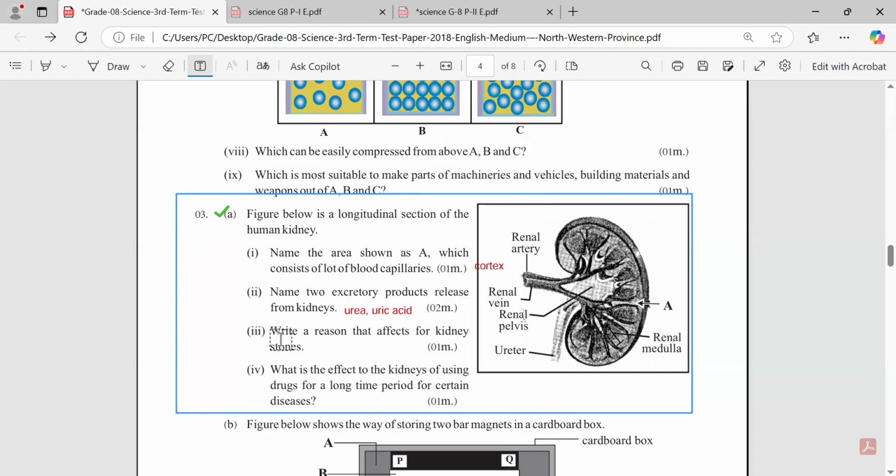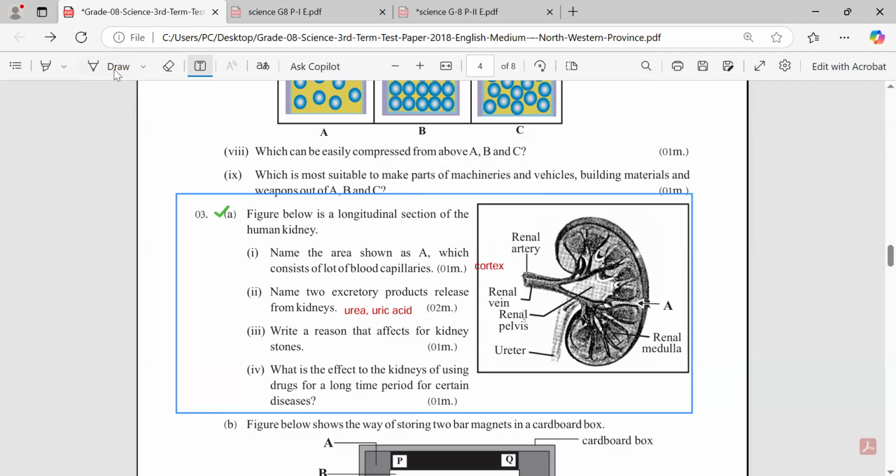I wrote urine and blood. Now, blood is not an excretory product, right? If we are seeing blood in our urine, then it's not a healthy person.